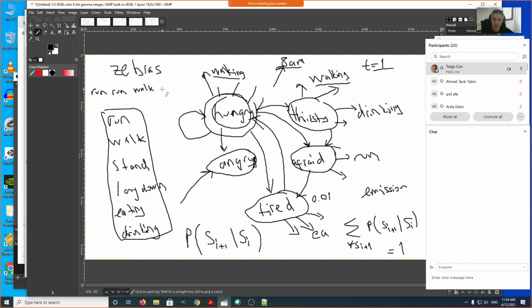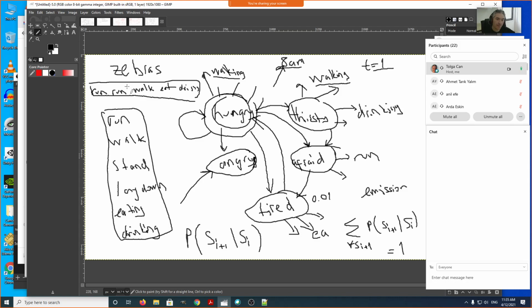It ran, walked, then ate something, drank, and then ran. So we may ask, given these observations, if we're given this model with all the associated probabilities, we will be able to ask this question. What is the most likely sequence of internal states that produced this output?